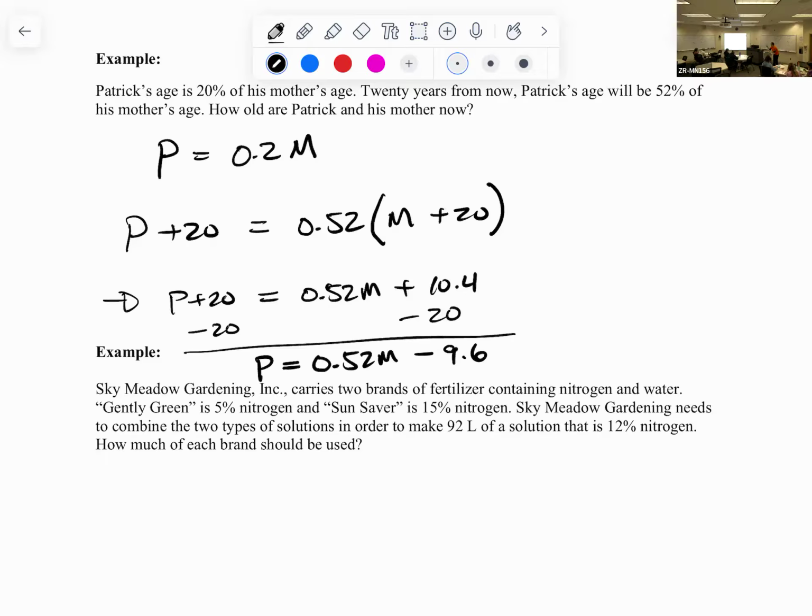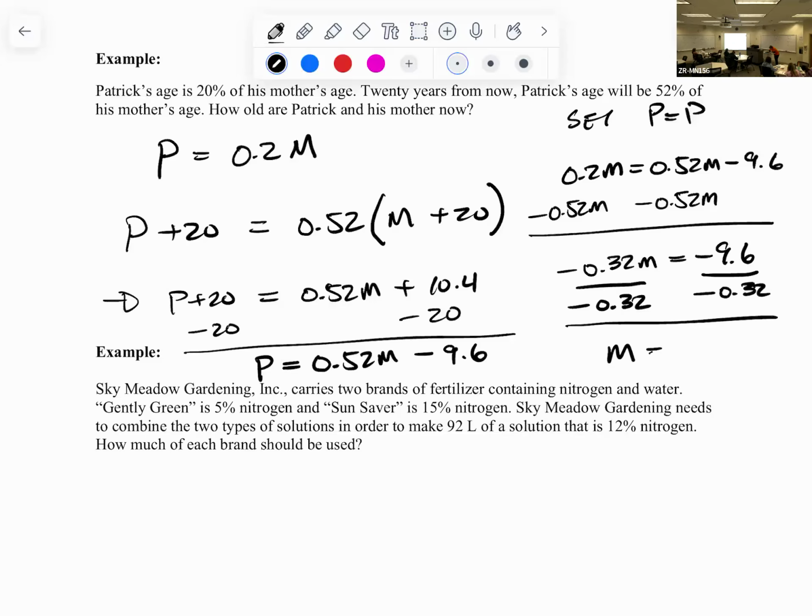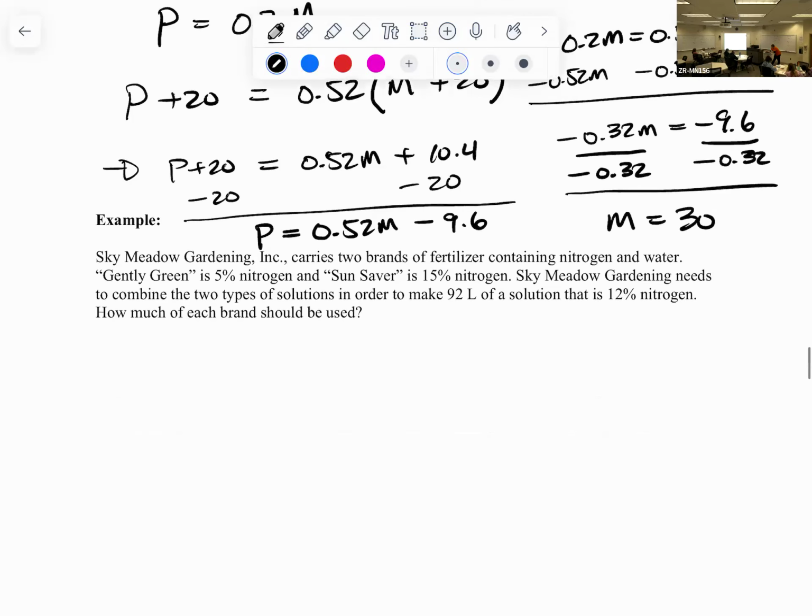So this one I can actually use the intersection method and just set P equal to P. Once I get the mother's age, then I can plug that back in.